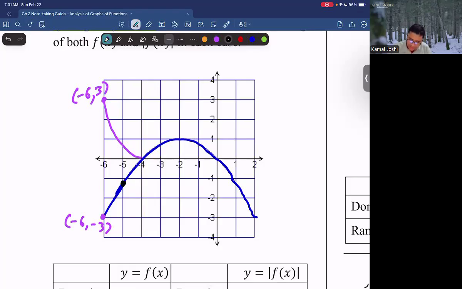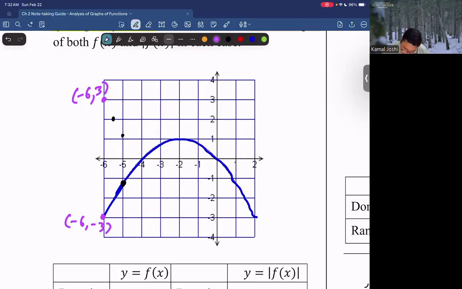Whatever it is, -1 point something here. Yeah. Okay, so I did not do it correctly. That should go to 1 point something. Okay, and the -2 here should go to my 2 there.